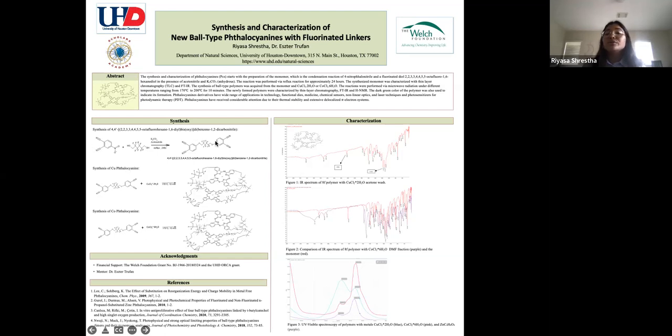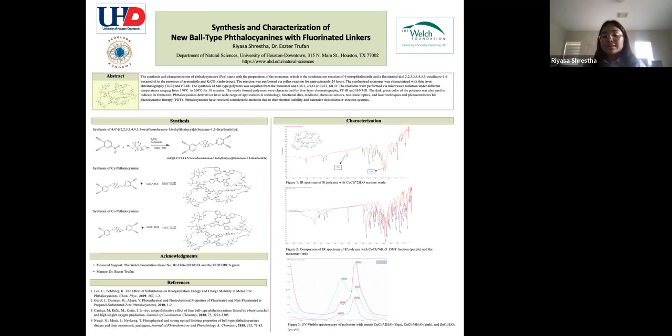Under synthesis, the first reaction you can see is the making of monomer, and then the second reaction is the use of monomer and a metal, which is the copper chloride, in a microwave reactor to make the ball type thiocyanin. And then the third reaction is the use of the monomer and another type of metal, which is cobalt chloride, to make the ball type thiocyanin. Both of these samples were very dark green in color.